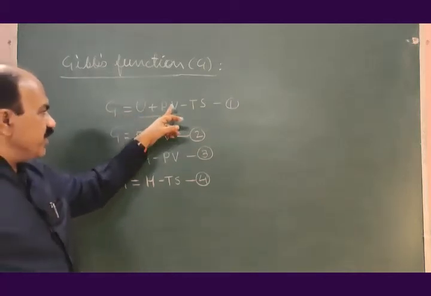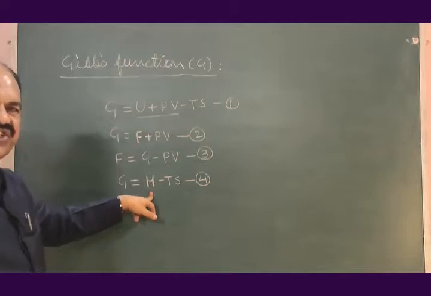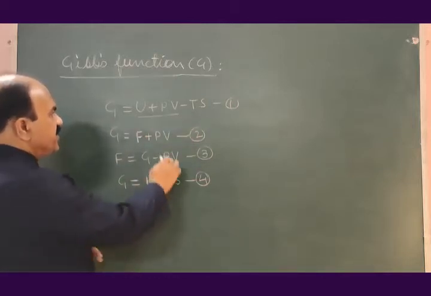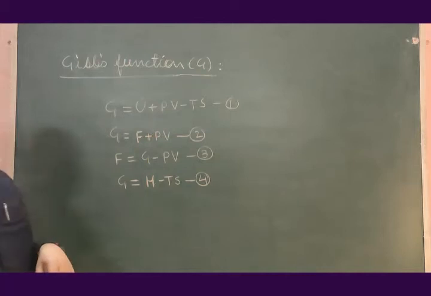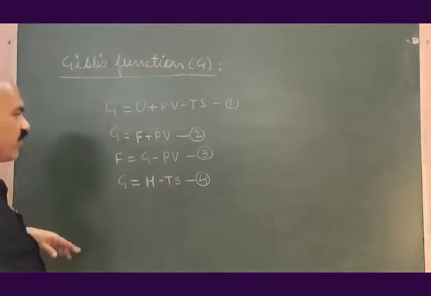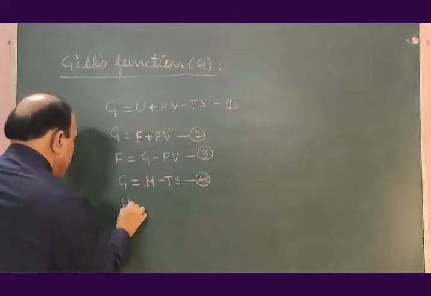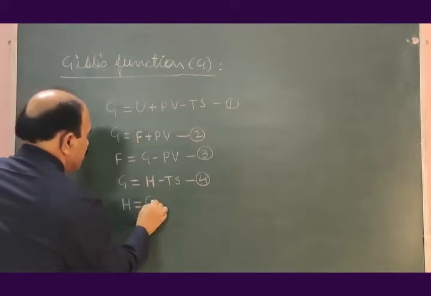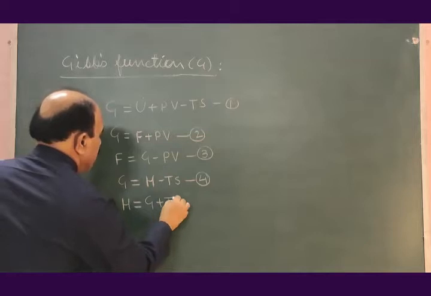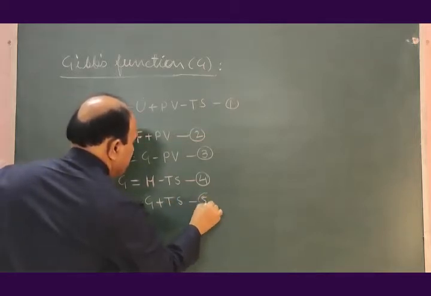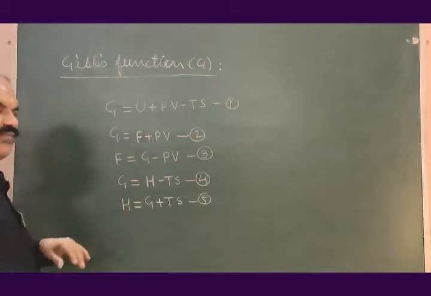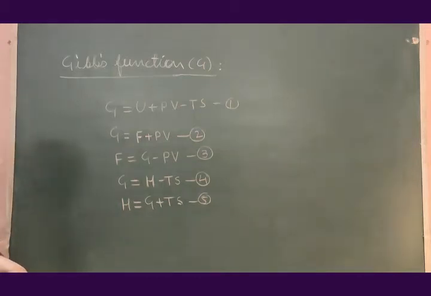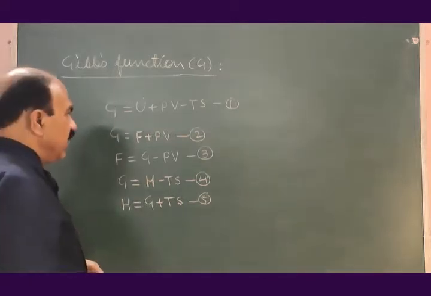So for this U plus PV, I can put H here, remaining minus Ts is here, and we have here G is equal to H minus Ts, equation number 4. From this we may have one more equation for enthalpy, that is H is equal to G plus Ts, equation number 5.